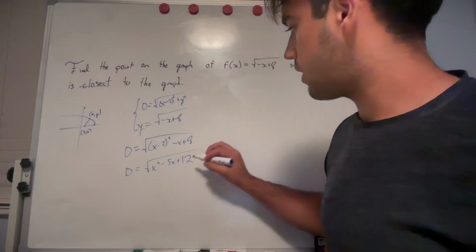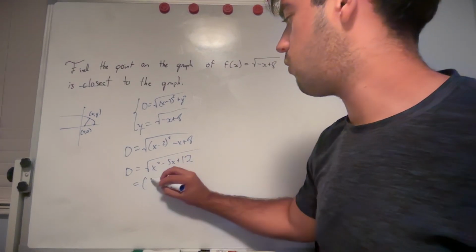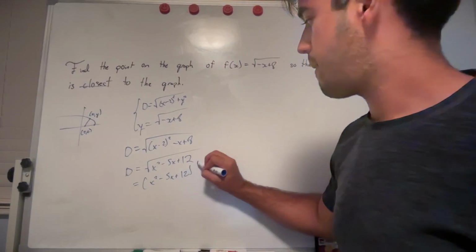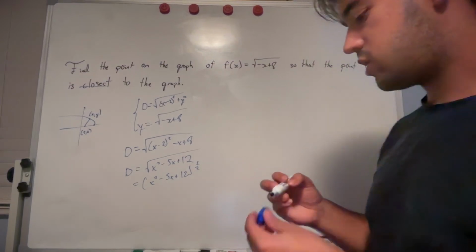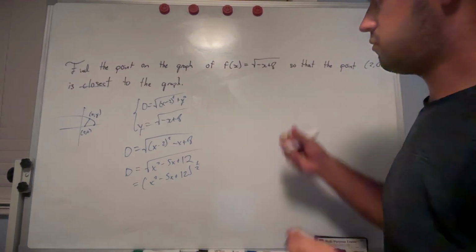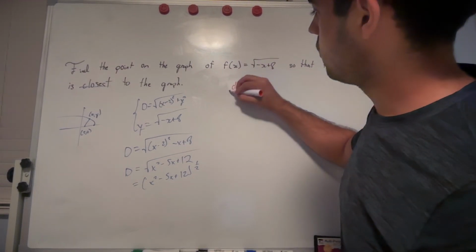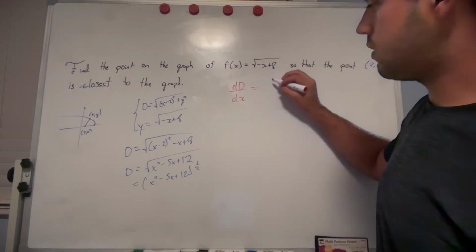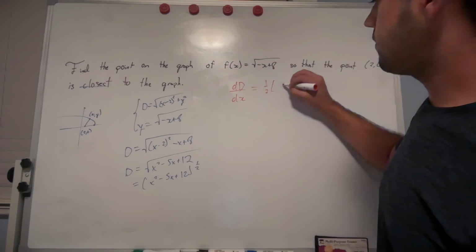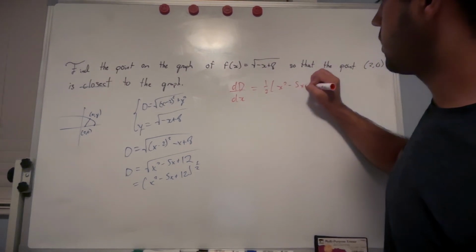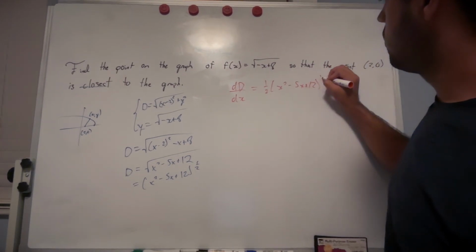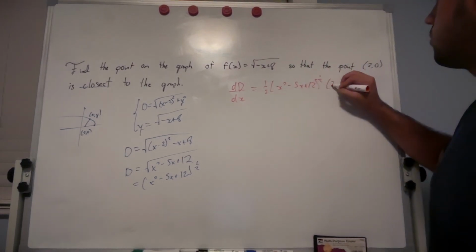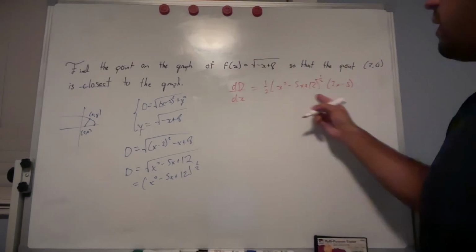And then I'm actually going to write this in fractional form, so like fractional exponent. And then from here we just take the derivative, right? So the derivative of the distance with respect to x is equal to 1/2 times x squared minus 5x plus 12 raised to the negative 1/2 power times 2x minus 5, which is the derivative of the inside.